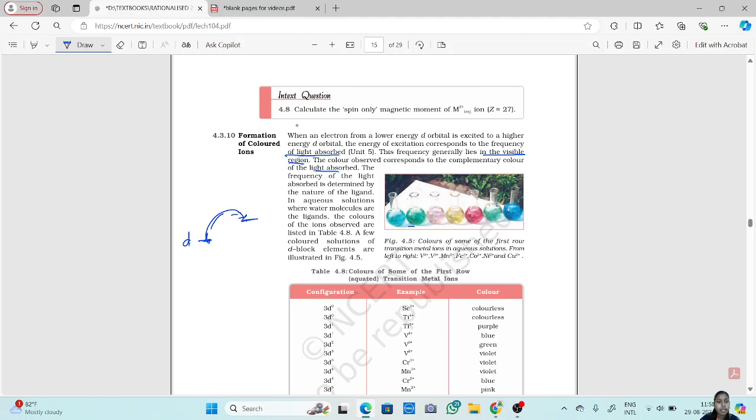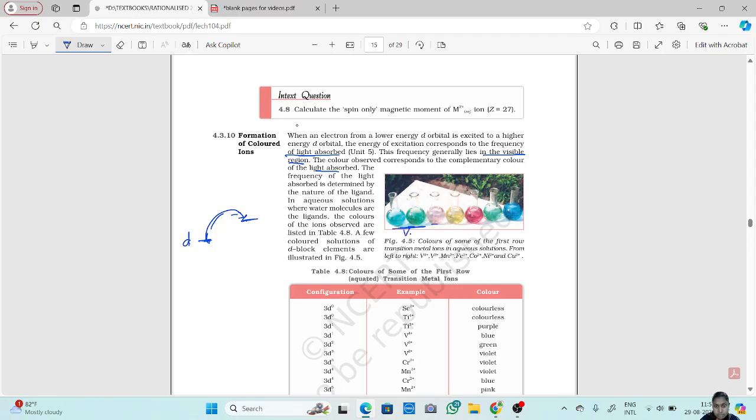The frequency of the light absorbed is determined by the nature of the ligand. In aqueous solution, where water molecules are the ligands, the colors of the ions observed are listed here. So here are some of the ions dissolved in aqueous solution and their colors. The first two are of vanadium.